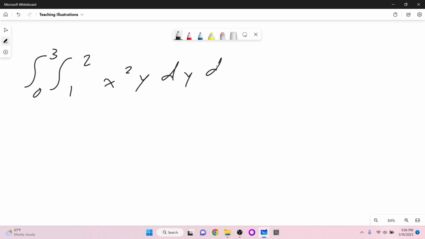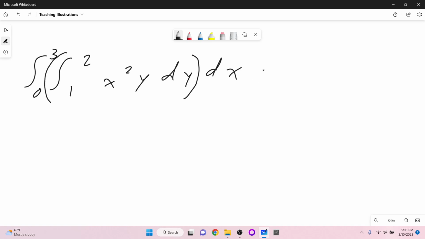Explicit example, maybe that's what I meant to say. Okay, x squared y dy dx. So the first variable is dy. If it helps, you can put parentheses around here, because the key is the inner integral matches the inner limit, the variable. So y goes from 1 to 2, but x goes from 0 to 3. Outer to outer, inner to inner.